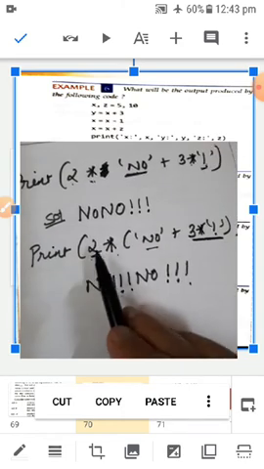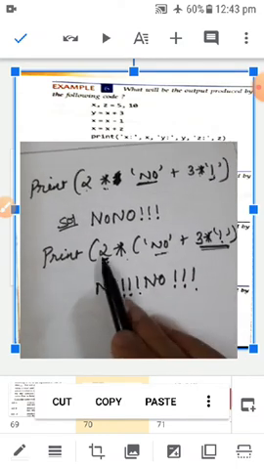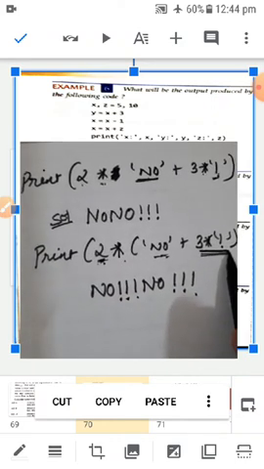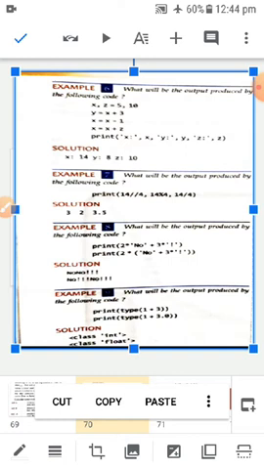It means for the first time 'no' is coming, then 3 times the sign is printed, for another time 'no' is printed, and 3 times again the sign is printed. Okay, so in this way you can easily solve such kind of question. Very interesting questions these are.